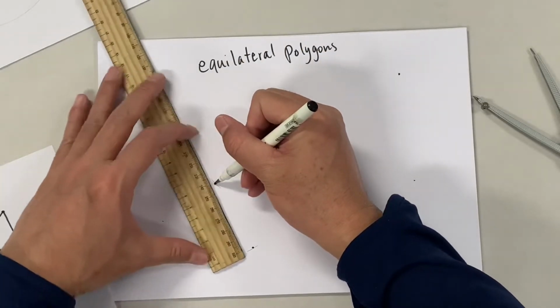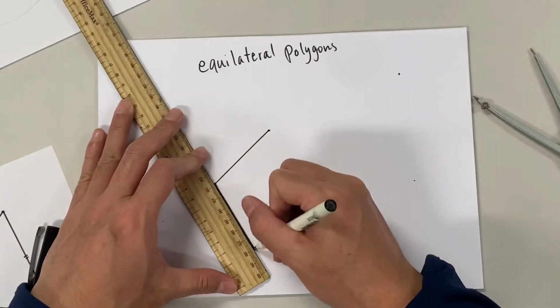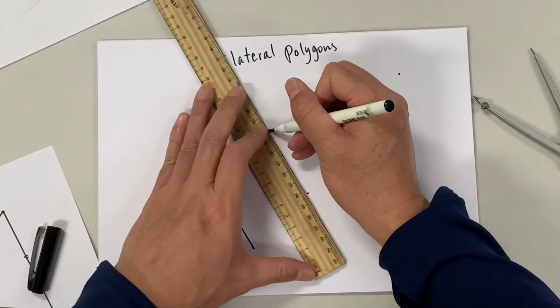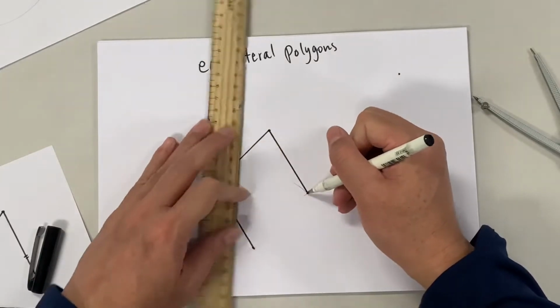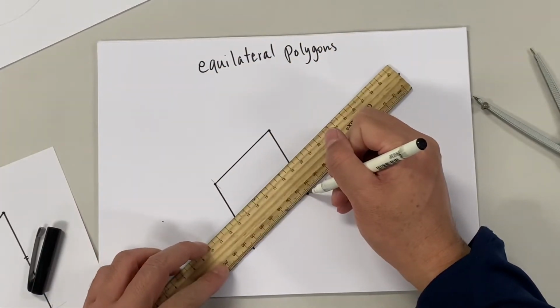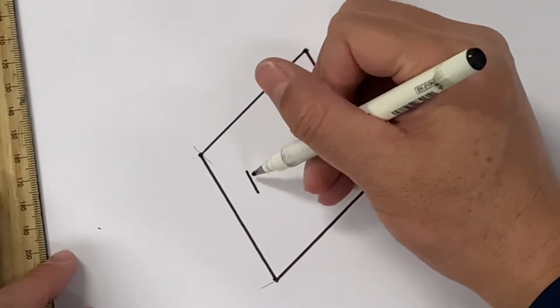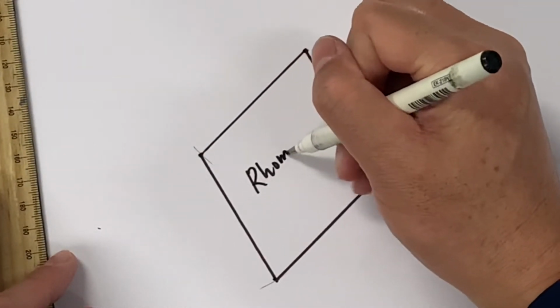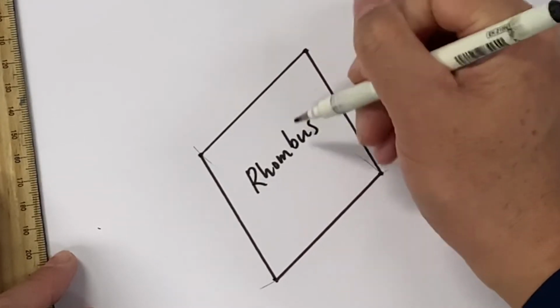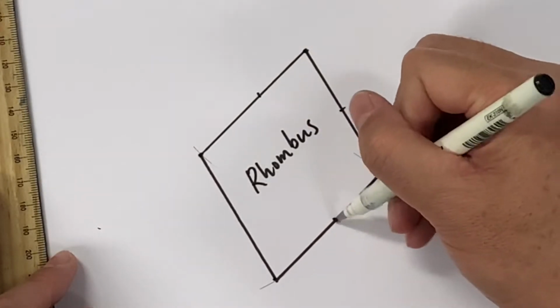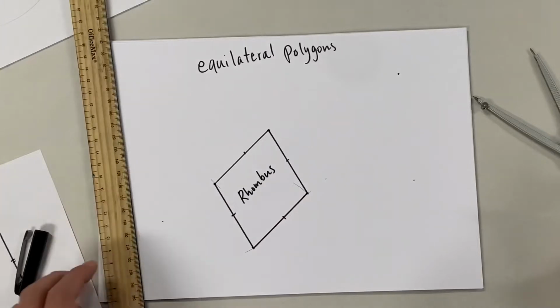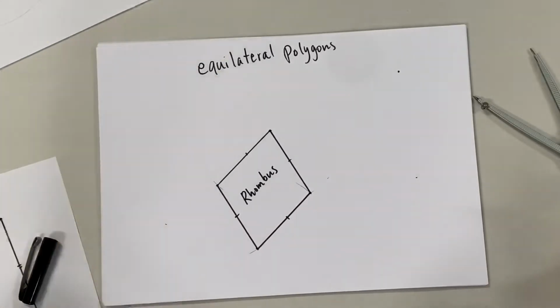And if I connect these dots, and hopefully you have already watched the quadrilateral video, this is now a rhombus, because every single side of this quadrilateral is the same.